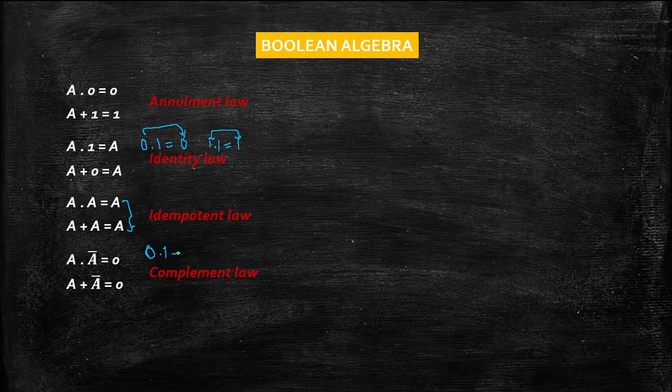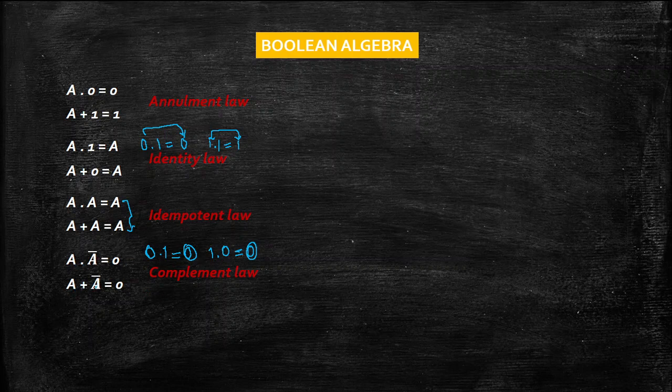So 0 and 1, output will obviously be 0. And if you consider a is equal to 1, then its complement will be 0. Then 1 dot 0, output will again be 0. So in both cases, you are getting 0. Therefore, the complement law says that a dot a complement is equal to 0.